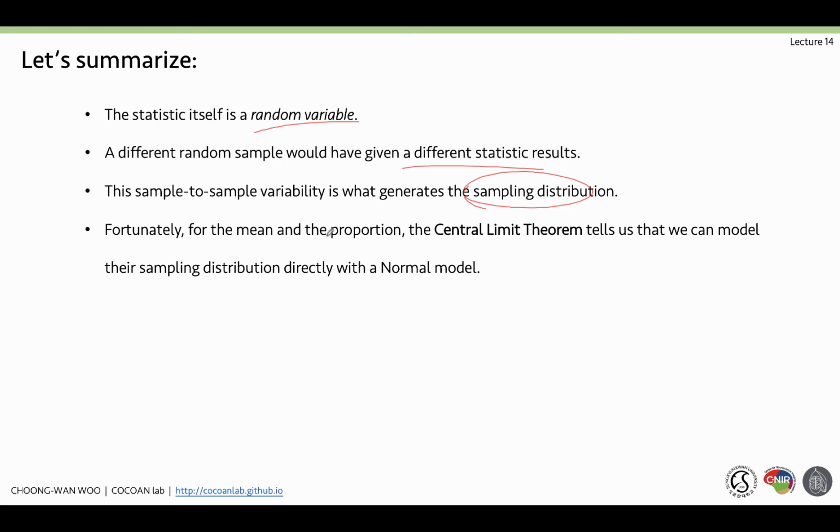This sample-to-sample variability is the sampling distribution. And fortunately, for the mean and proportion, thanks to the central limit theorem, we can model this sampling distribution using a normal model. When it comes to the normal model, it becomes really easy.